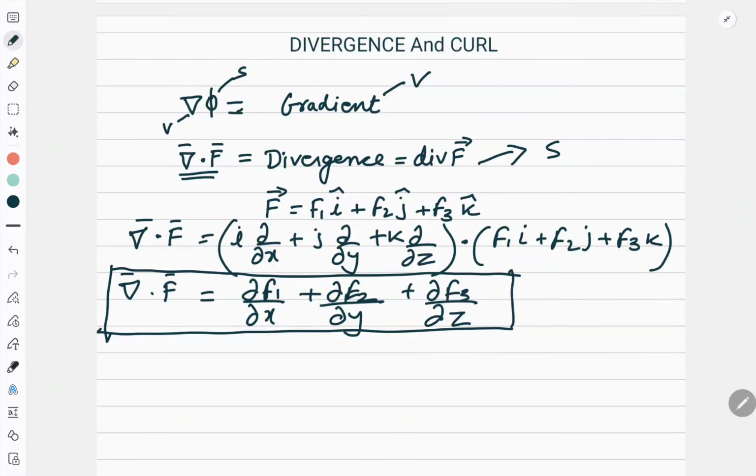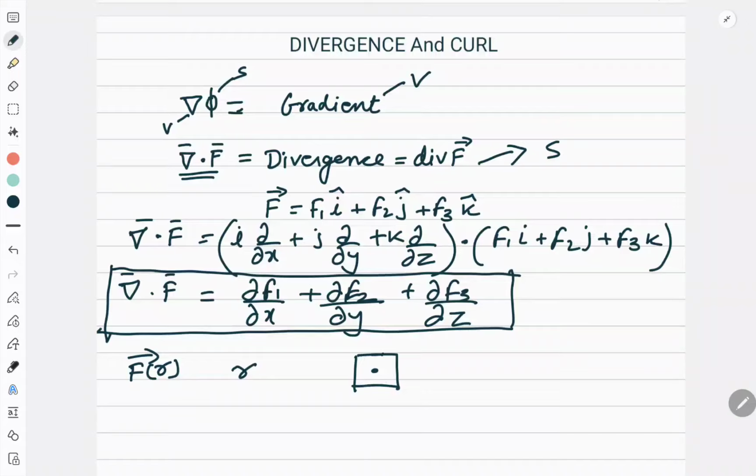Now what exactly is the meaning of divergence that I need to understand. How can I define it if I want to understand the physical interpretation of divergence. Suppose there is a vector field f of r at the point r, and we enclose the point in an elementary volume V. It will be a cube because I want to cover the point, right?